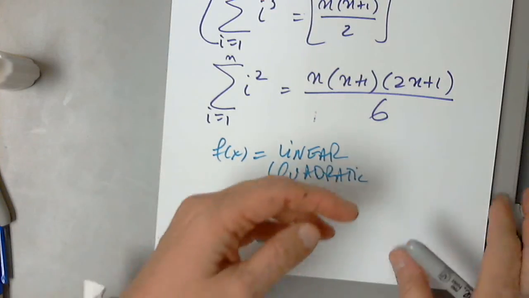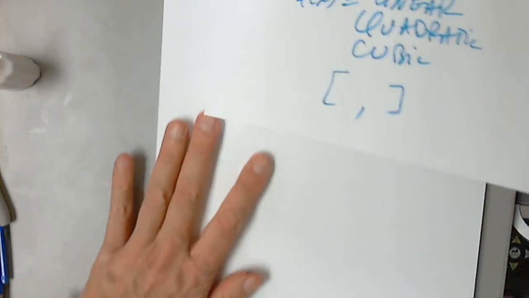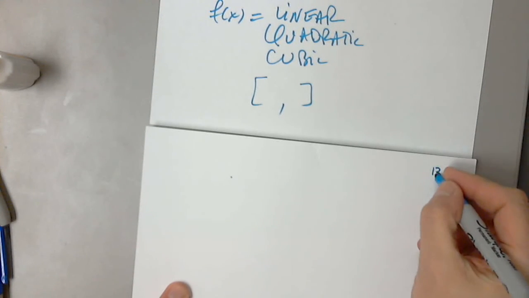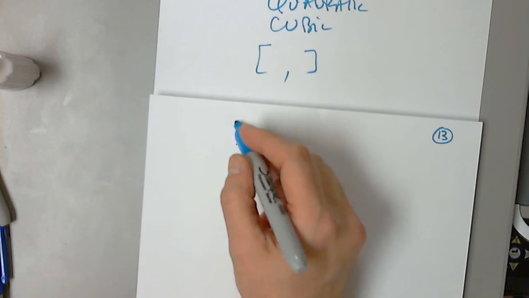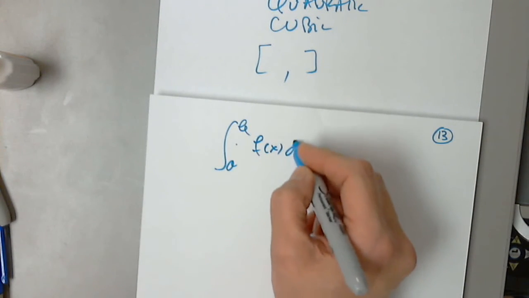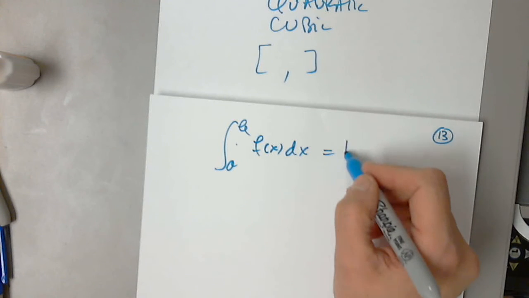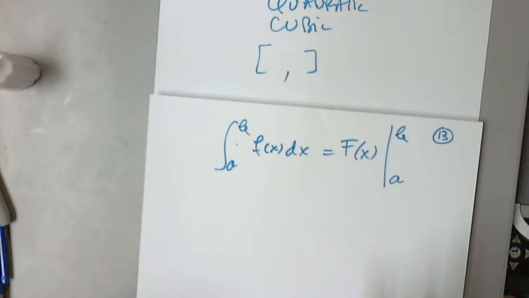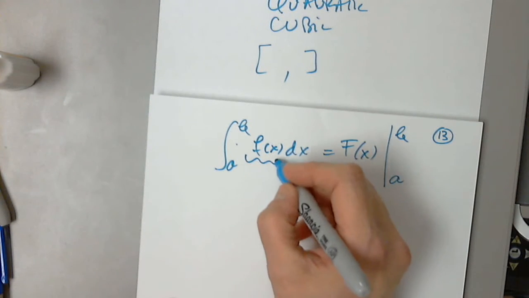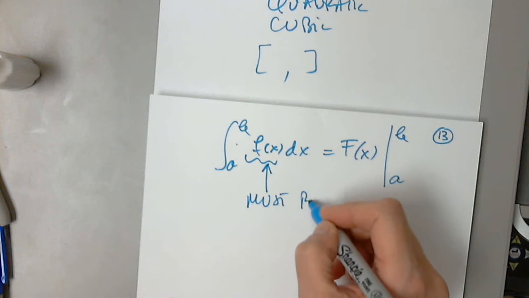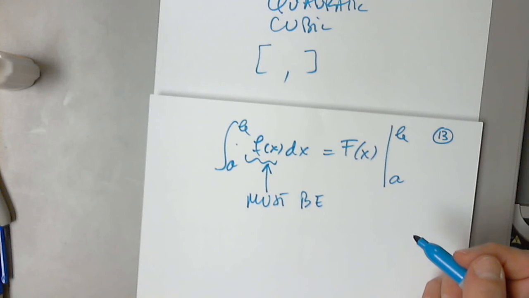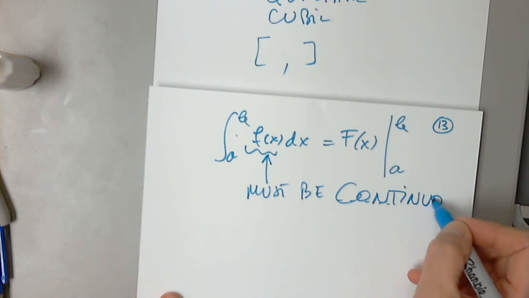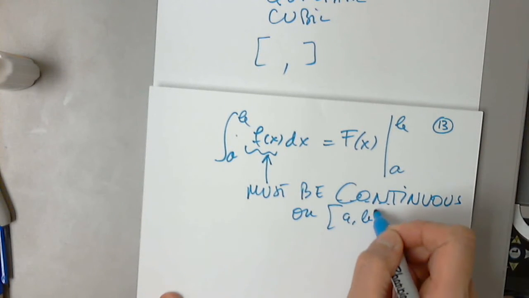Do not forget the following. I want to add them here before you choose the function, because I don't want to forget to refresh your memory on this. The integral from a to b of f of x dx is indeed F of x, the antiderivative, evaluated. We've been doing this all day today. But remember, this function must be continuous on the interval a, b.